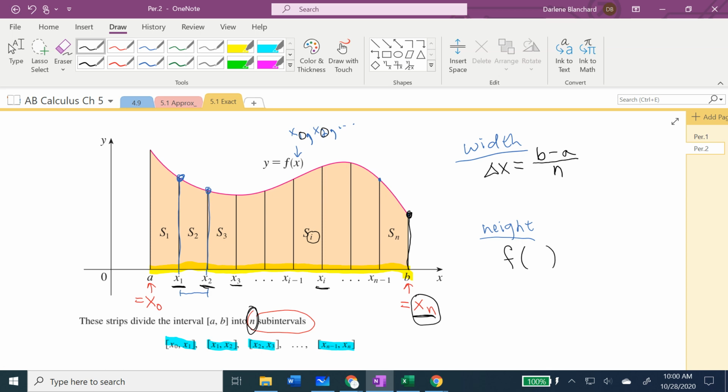So when I say the height is f of x, I'm going to specify f of x sub i, based on understanding that i is a variable that will go from 1 to n.